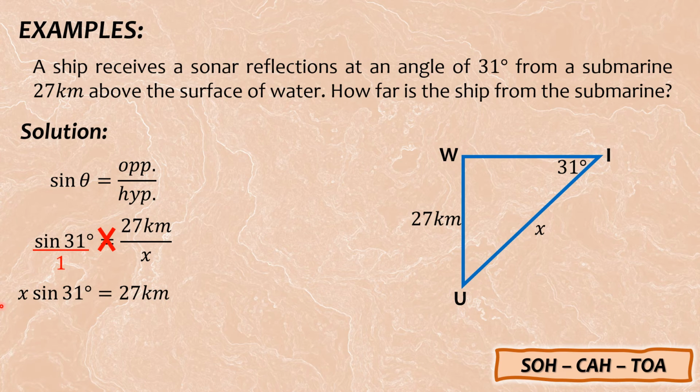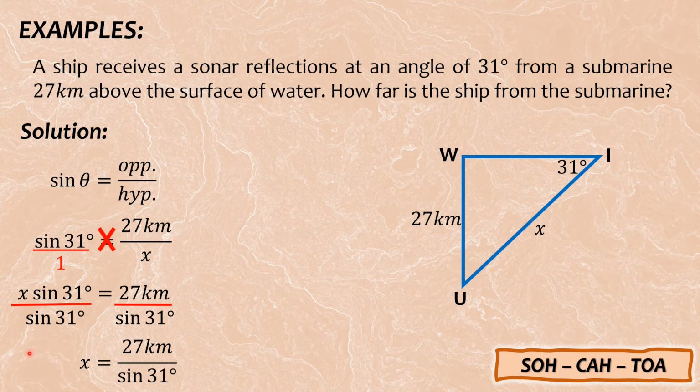So again, what we are looking for is the value of x. So, we need to cancel the sine 31 degrees. So, let us divide both sides by sine 31 degrees. So, this becomes x is equal to 27 kilometers over sine 31 degrees. So, next, let's find the value of sine 31 degrees before dividing 27.